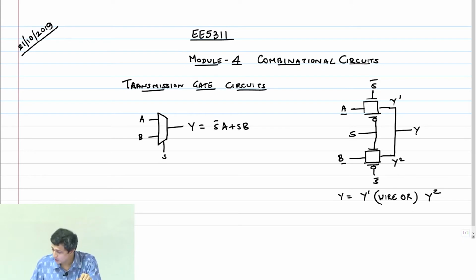For example, if I want to implement, let's say, a 64:1 mux, what do I need to do? I basically need to simply do this.